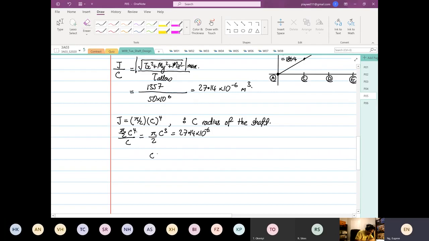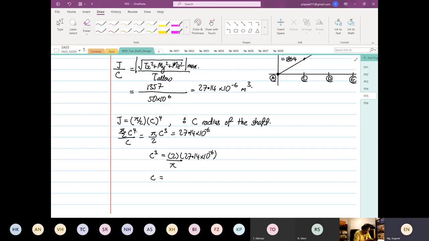So C cubed is equal to 2 divided by pi multiplied by 27.14 times 10 to the power minus 6. And finally, C is that answer to the power of 1/3.